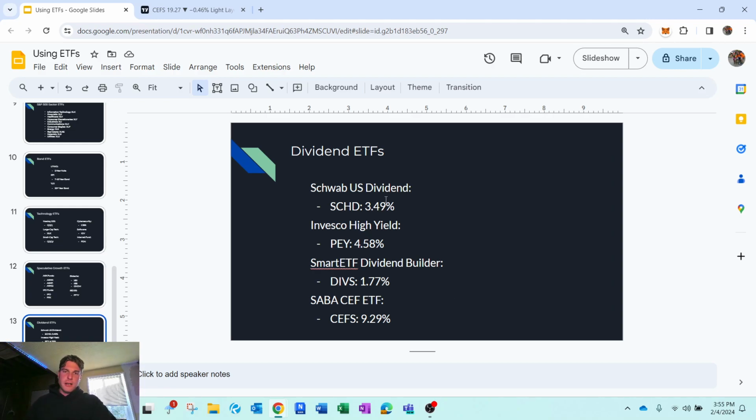Something to note, it's kind of hard to find a stock that's going to yield you 3.5 to 4.5%. 1.99, 1.77 is close to what the S&P pays. It's a lot closer to 1% for the S&P. So these yields are at least 3 to 4 times to 9 times higher than what the S&P is paying you. So the general rule of thumb is you want to withdraw 4% of your retirement account.